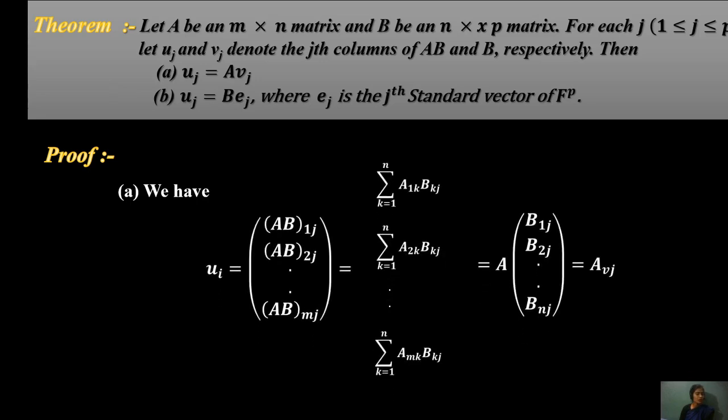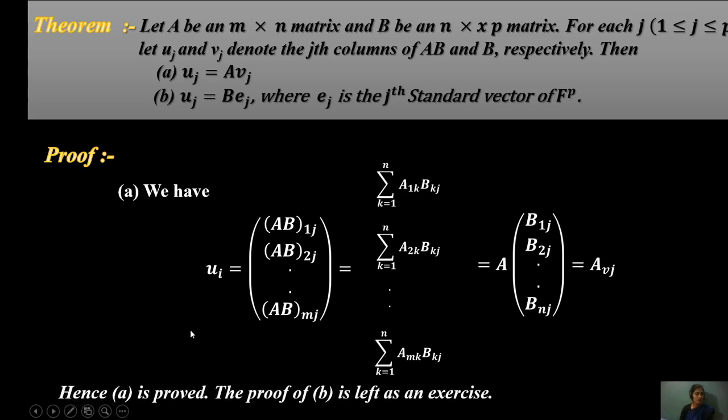Okay, let us go first. We have uj equals the jth column of AB, with entries from 1 to m in the same position. Hence we get the summation k equals 1 to n of Aik Bkj.